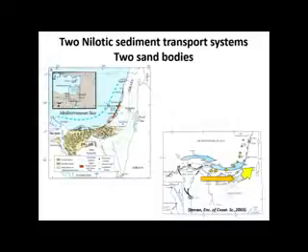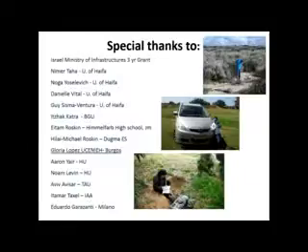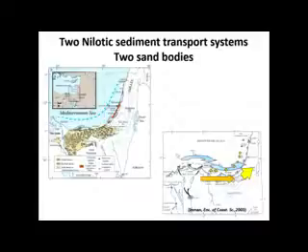A 3-year study that I've done, supervised by Revital and Dorit, and with the help of Gilad Steinberg and Nomi Porat, who I saw on the first slide, and the help of a lot of people here. I didn't mention everybody, so excuse me if I forgot somebody. People who helped me in the field, in laboratories, and people that also provided information, as we'll see along the way.